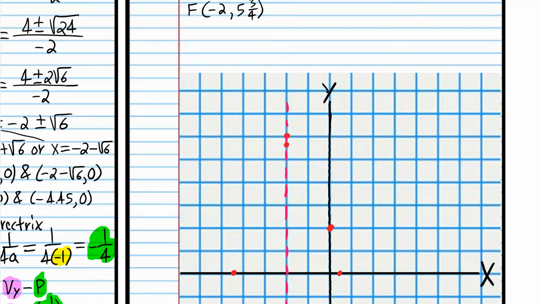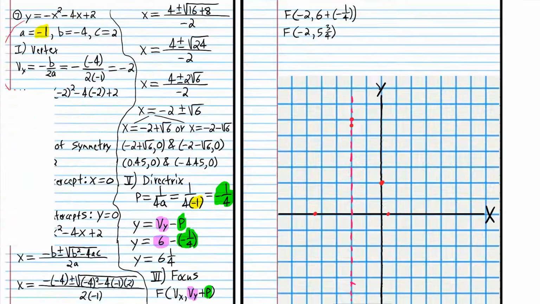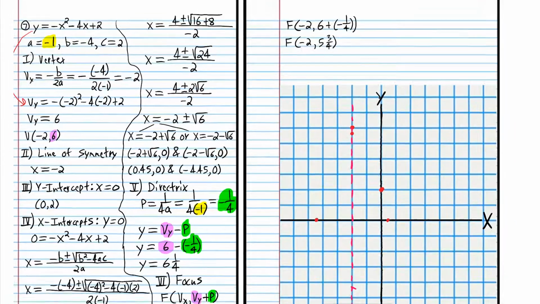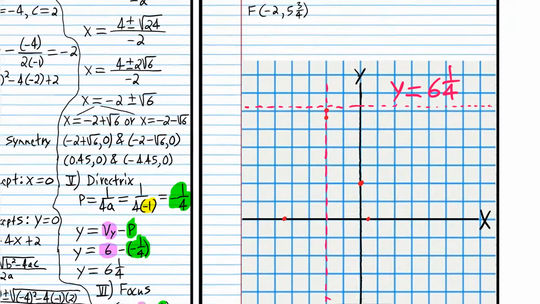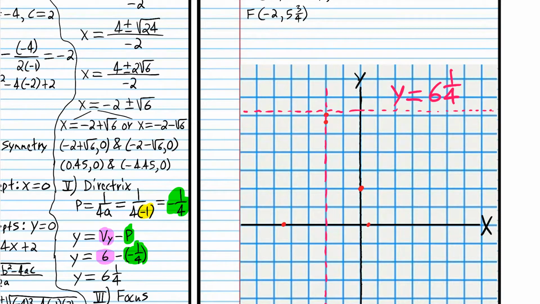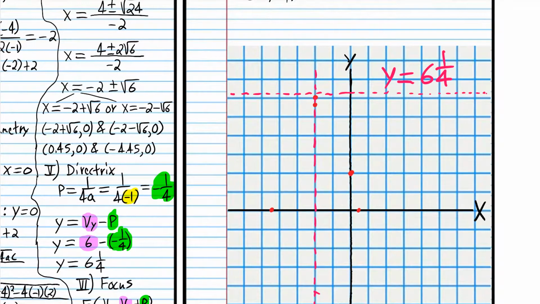And the directrix is 6 1/4. 1, 2, 3, 4, 5, 6 1/4. That would be about here. So y equals 6 1/4. And I'm going to go ahead and connect these dots.